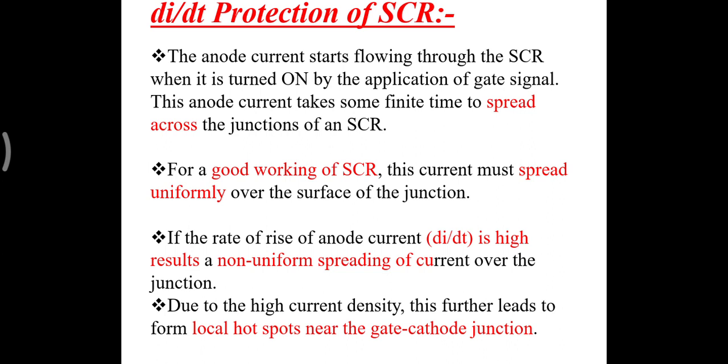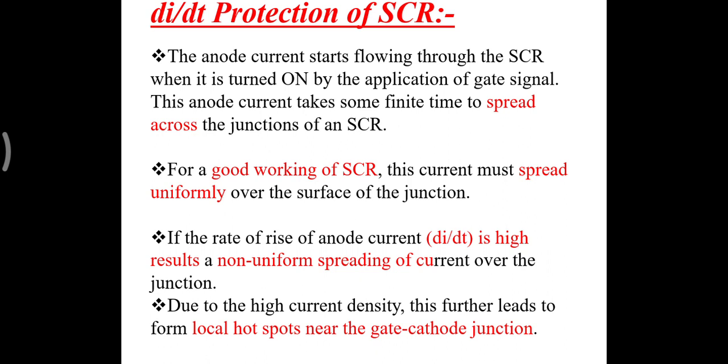So di by dt means rate of change of current. If the rate of change of current is high, then a problem will be raised in the SCR. Generally when the SCR is turned on by applying the gate signal, the anode current takes some finite time to spread across the junction of an SCR.